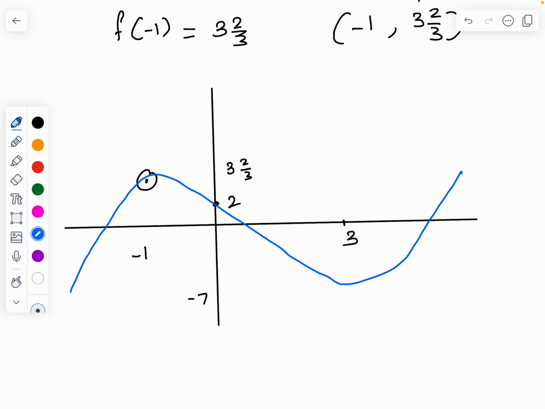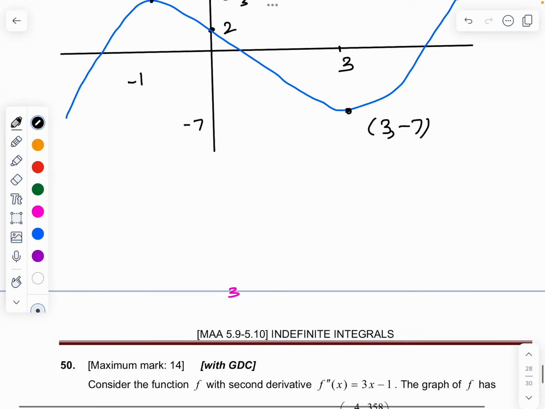This point is (3, -7), and this point is (-1, 3 2/3). That is the shape of the curve.